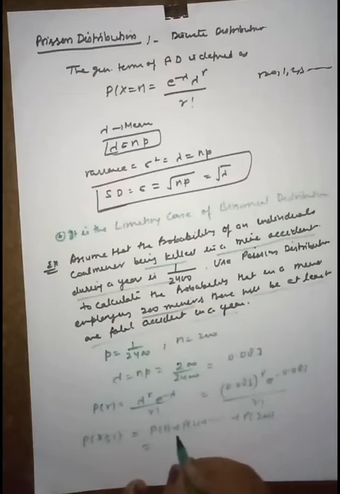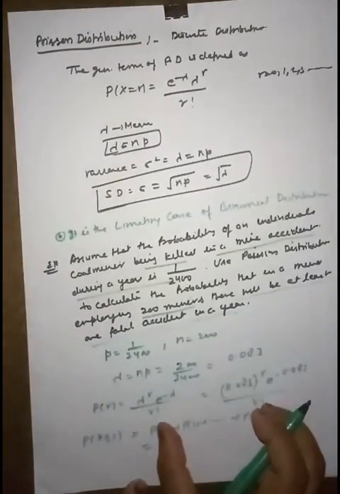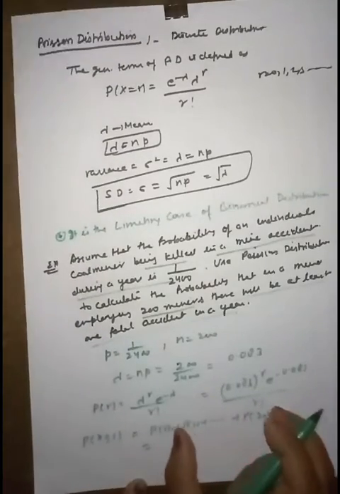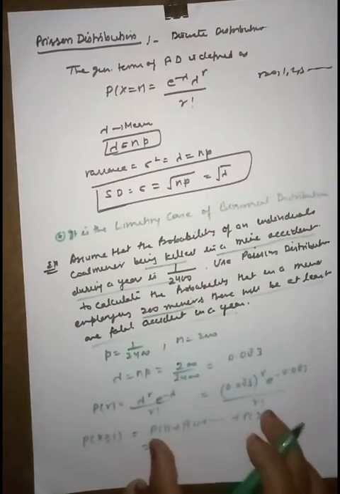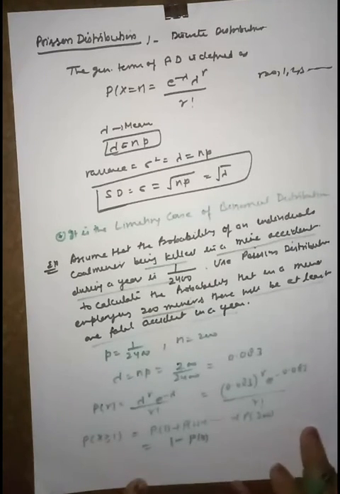So what do we do? We know the total probability is 1, so we can write this as 1 minus P0, because P0 plus P1 plus P2 plus P3 up to Pn is equal to 1.